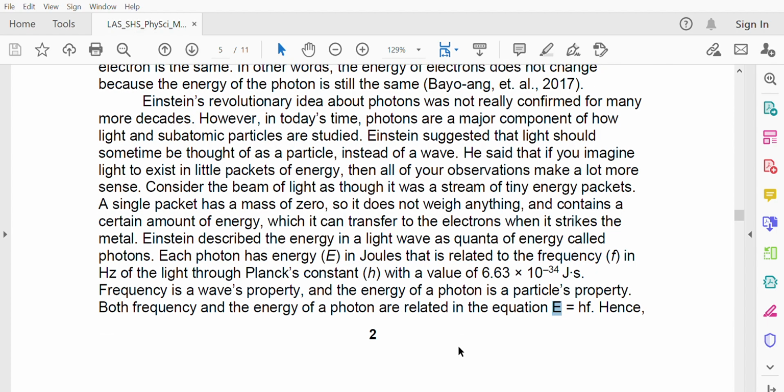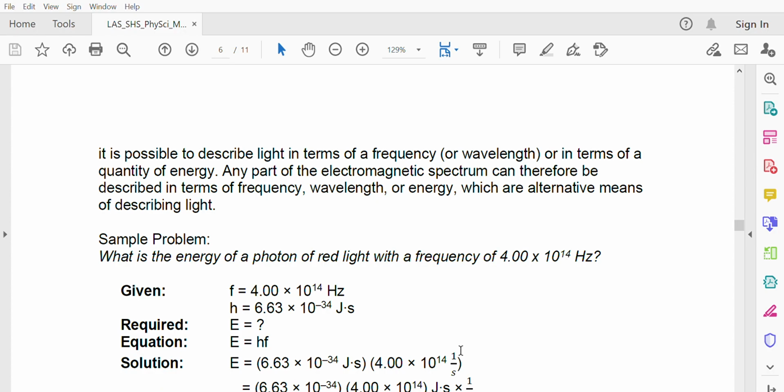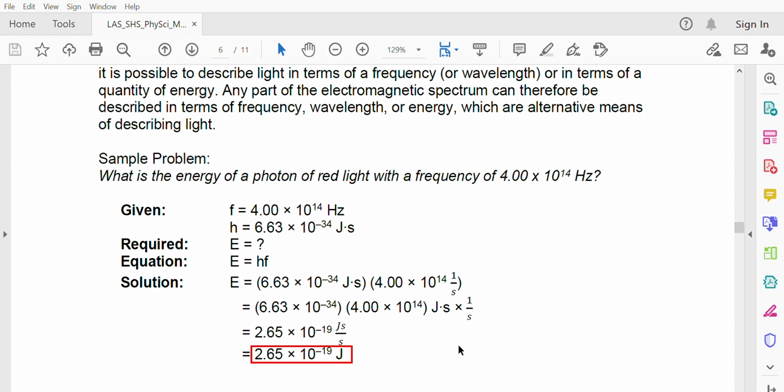Okay, let's go down. Before we go further, a photon is a unit of light. Here we have the sample problem. What is the energy of a photon of red light with the frequency of 4.00 times 10 raised to the 14 hertz?